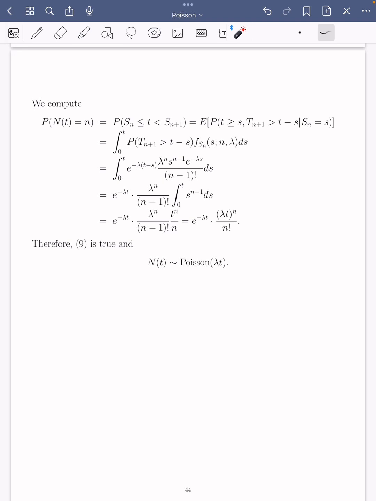So this is equal to this integration. And we can fairly easily find the probability that the exponential random variable is larger than t minus s, which is given by this value here. And then we also plug in the probability density function for Sn, which is here.